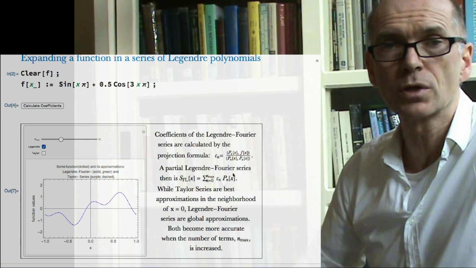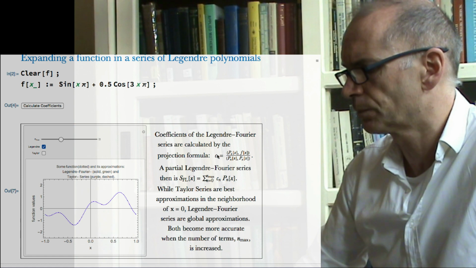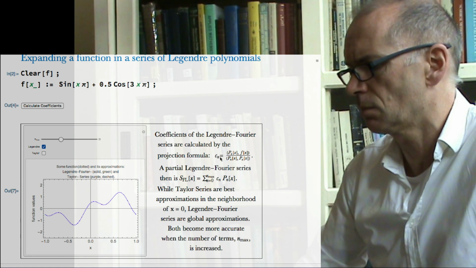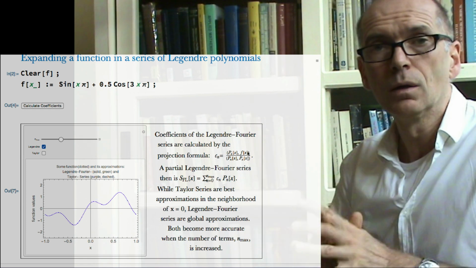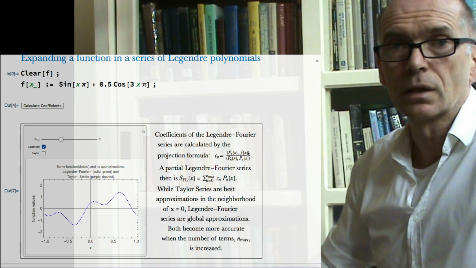We write it as a sum of Legendre polynomials, and the coefficients of that expansion can be calculated by the projection formula using the inner product that I write with this bracket notation.